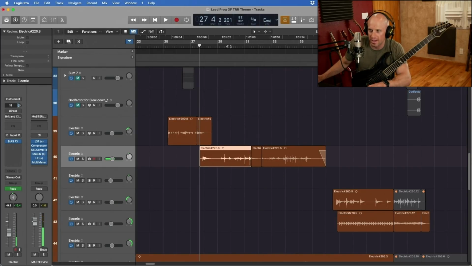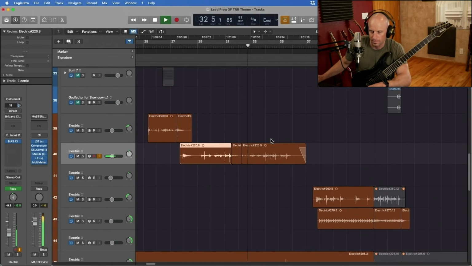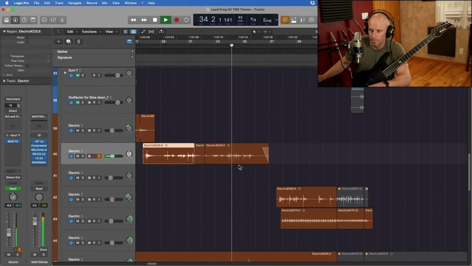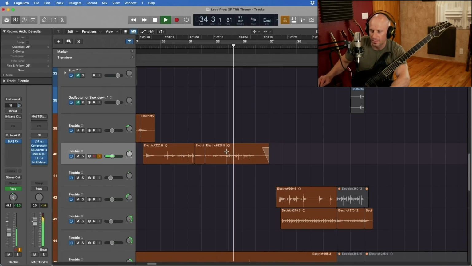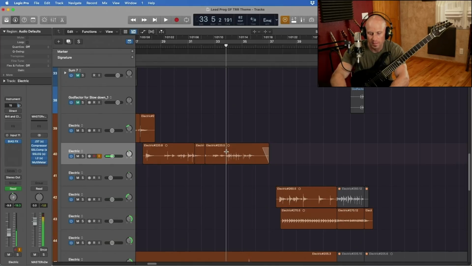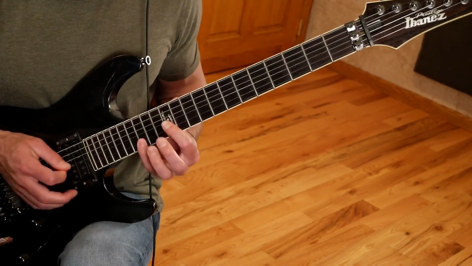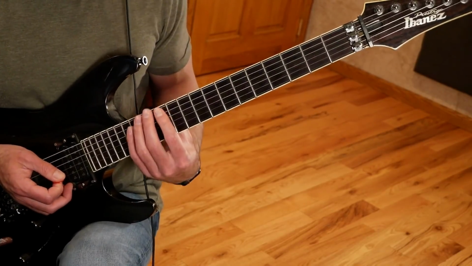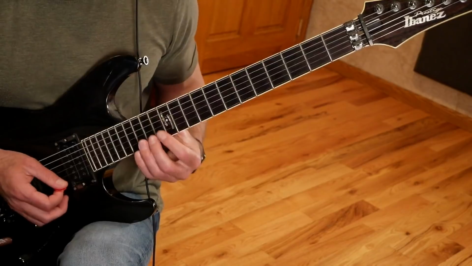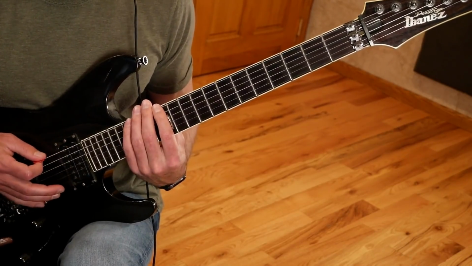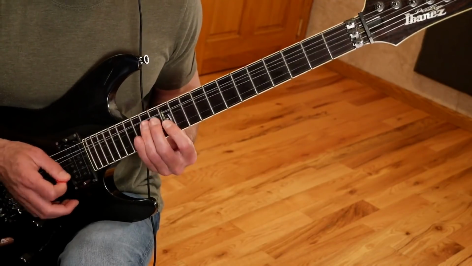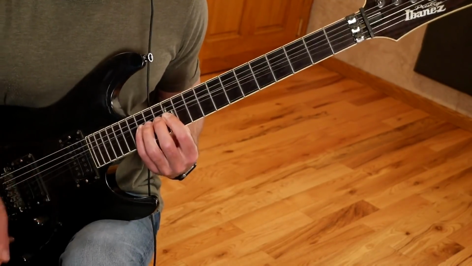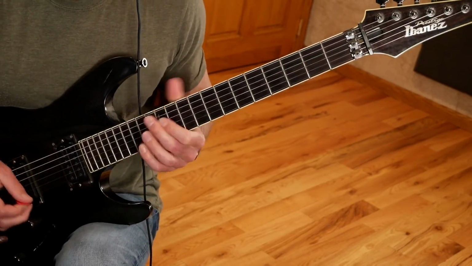Lots of arpeggios, right? That line right there is a bendy line played straight out of that G form pentatonic, or E minor pentatonic, and played a bunch of times till I got it cleanly.